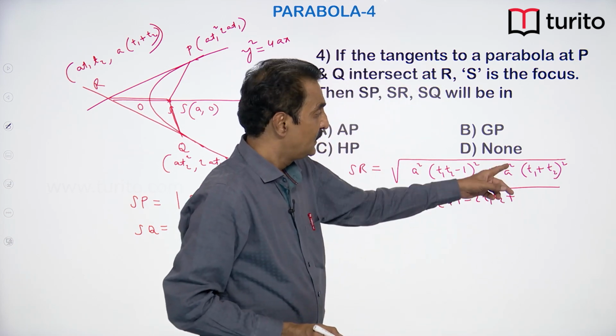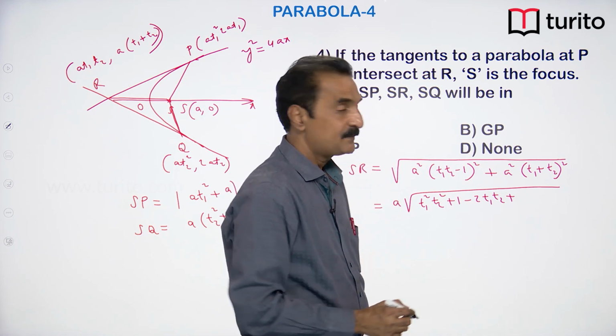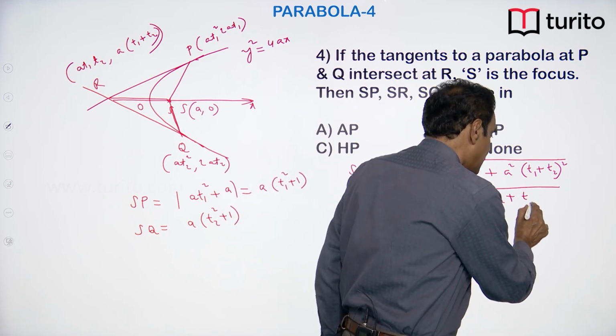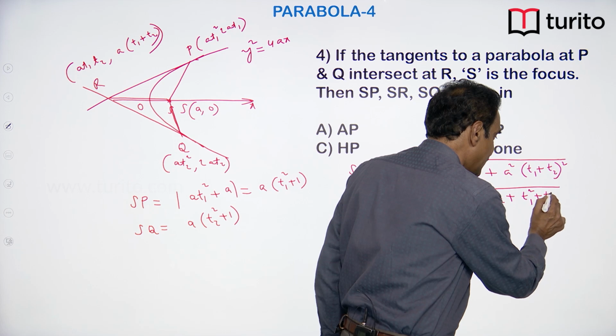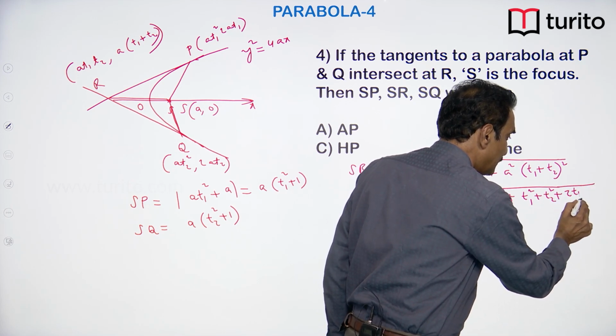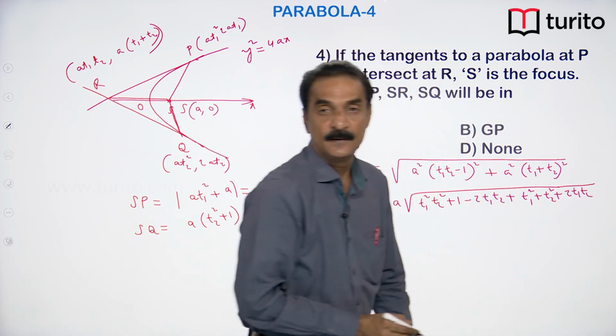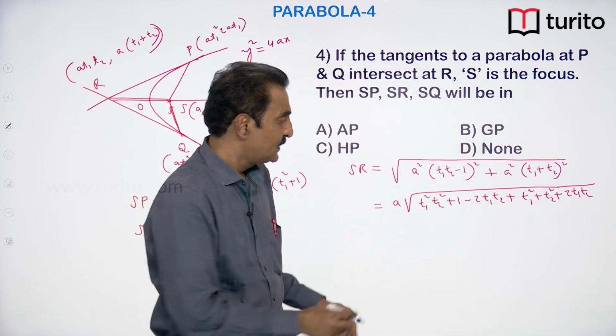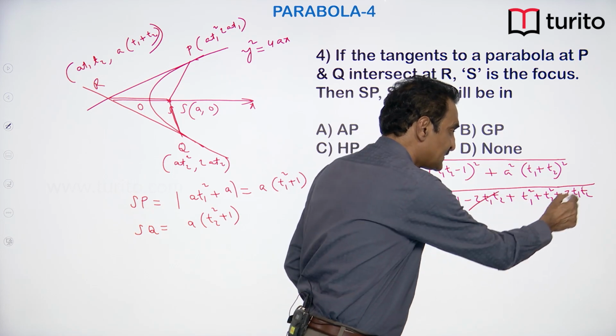Plus (T1 plus T2) whole square is T1 square plus T2 square plus 2T1T2. Now what happens? 2T1T2 cancels.